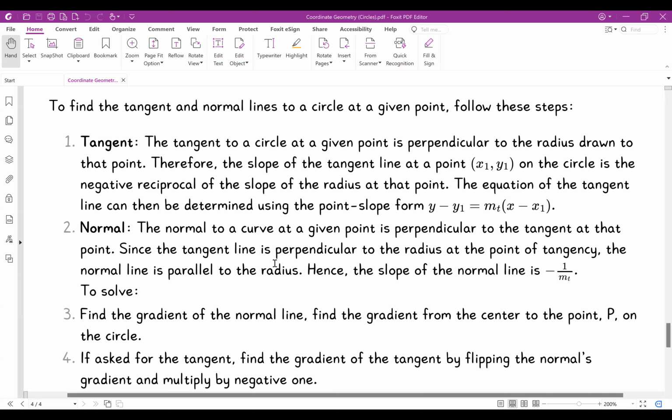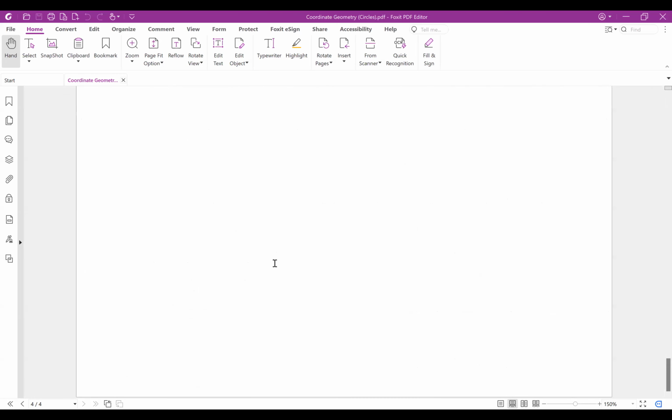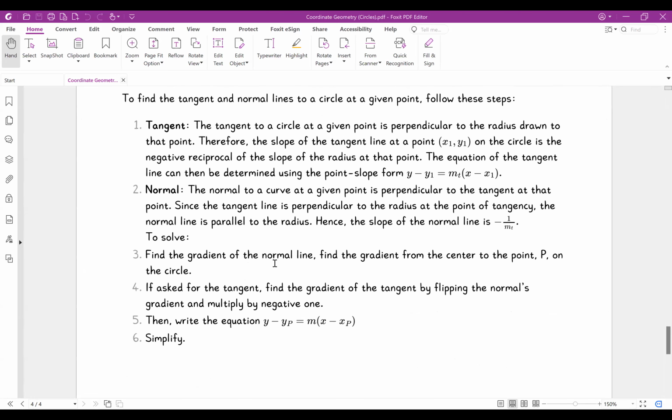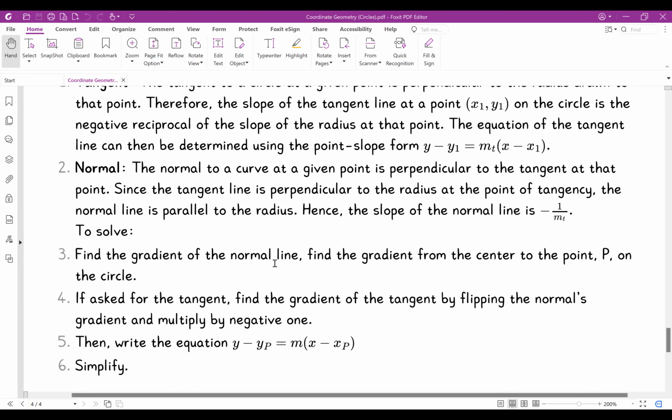That would give you the normal, right? But if you want the tangent, you just multiply by -1 and flip the answer. So if you have a half for your gradient, your answer should be -2. Now let's do another example.